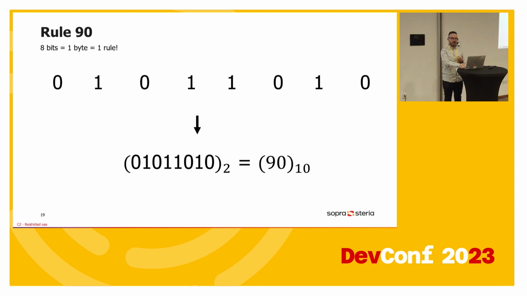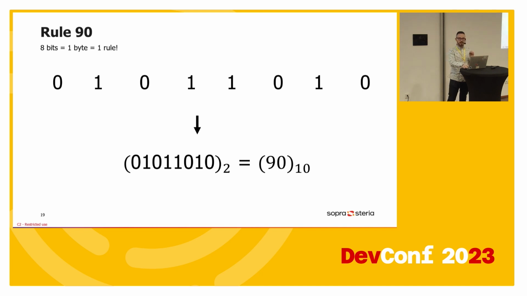So actually we can define our rules as bytes, different bytes. In this case, the specific rule which we are looking at right now is so specific that it has its own name, rule 90. Why is it called 90? Because if we take all possible combinations, combine them to 1 byte, and convert to the decimal system, we will get the number 90. That's why the specific rule has the name 90. You can change those digits, and you can get different rules.